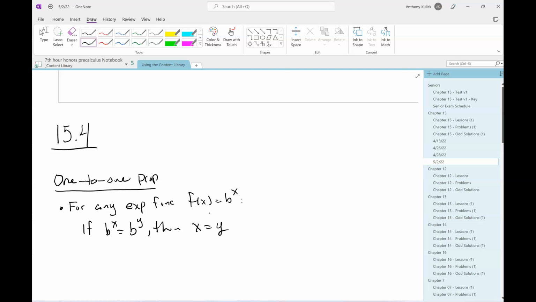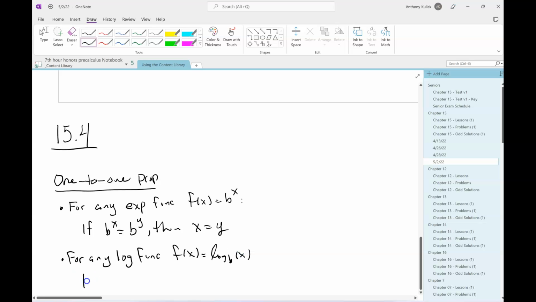Right? If 2 to the third equals 2 to the x, x is 3. And then we can say the same thing for logs. If I have log of x equals log of y, well, then x has to equal y.